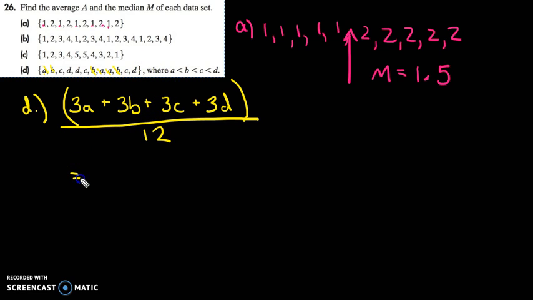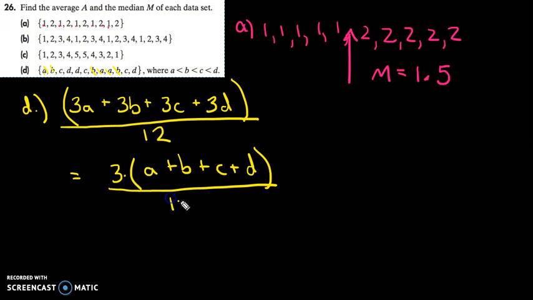Maybe algebraically, if you want to make this look a little bit nicer, you notice these all have a common factor of 3. And so if I write the 3 outside the parentheses, saying that this is 3 times everything inside, that might also work out nicely because 3 and 12 have common factors, so they're both divisible by 3. So if I divide by 3, 3/12 is the same as 1/4.